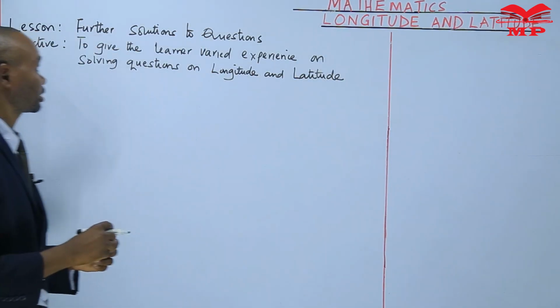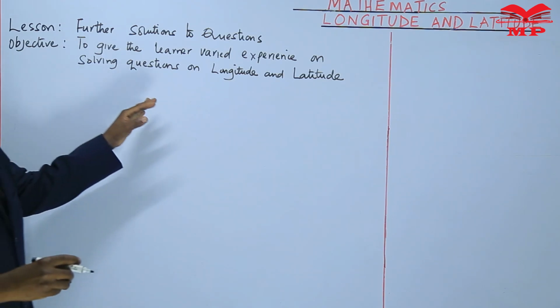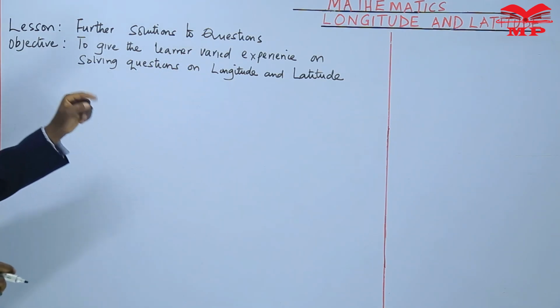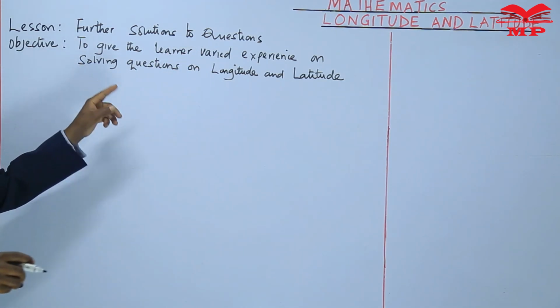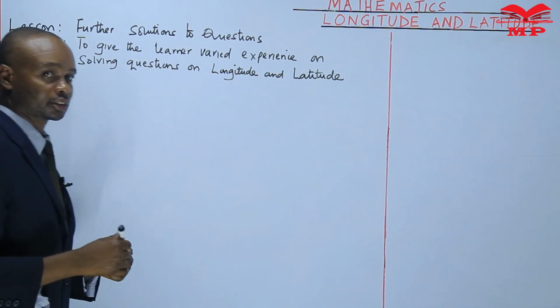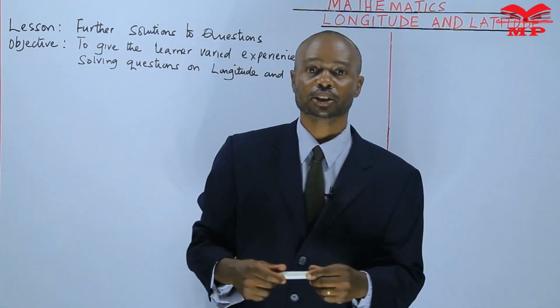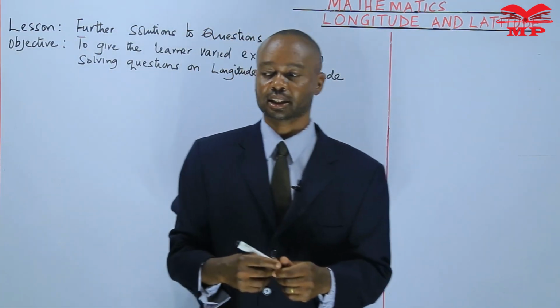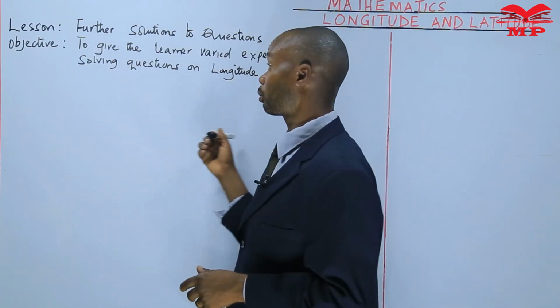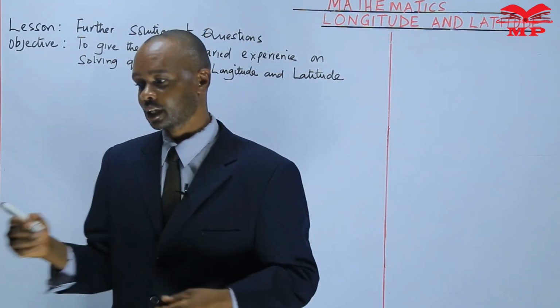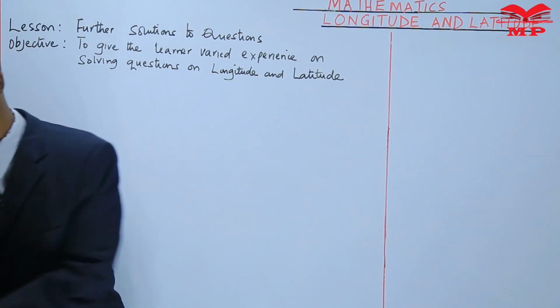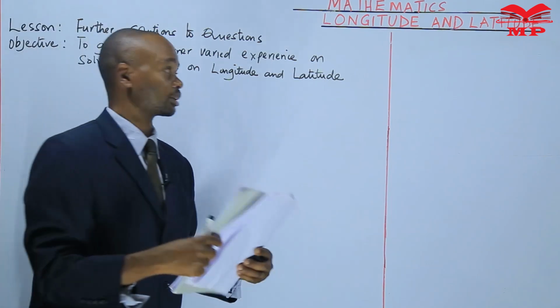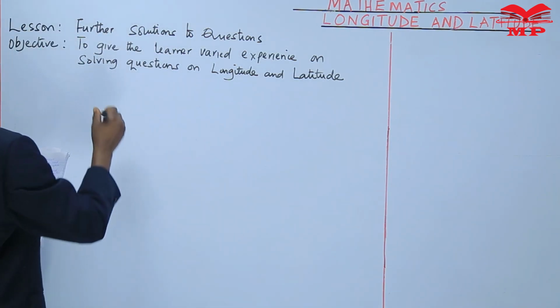So just to reiterate, it is further solutions to questions in our lessons. It's good when we do it using an example, so I'm going to write down a question for us to solve.